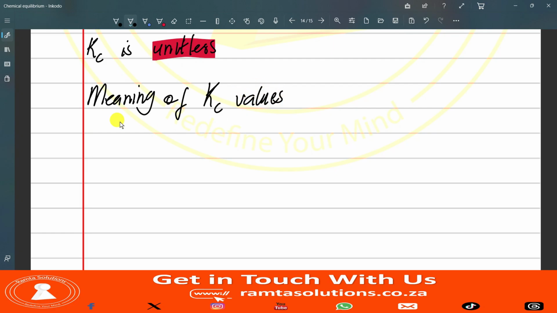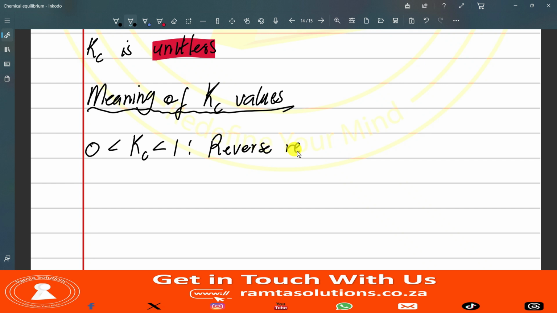This is the equilibrium constant with respect to concentration. Kc can be greater than 0 but less than 1. What is happening here? Here we are saying the reverse reaction is favored.